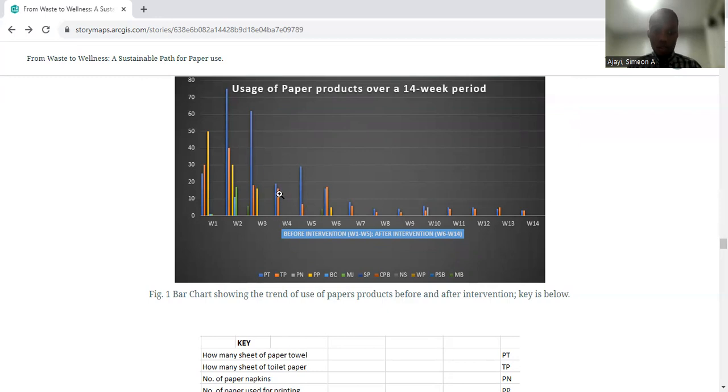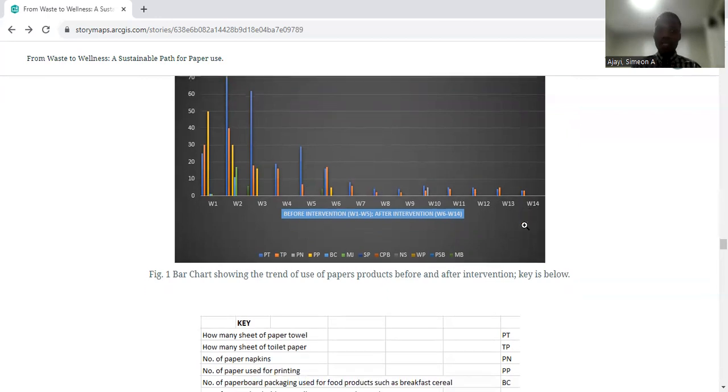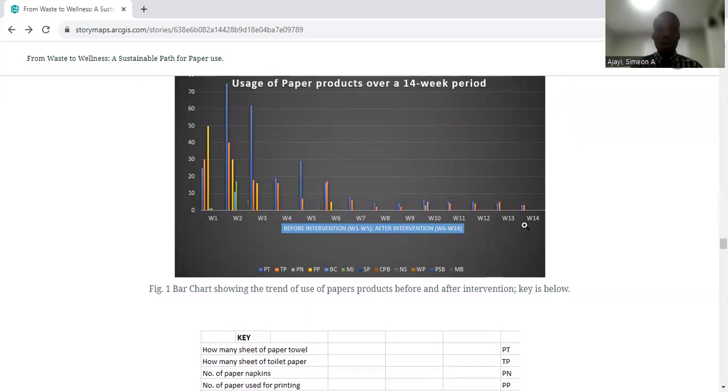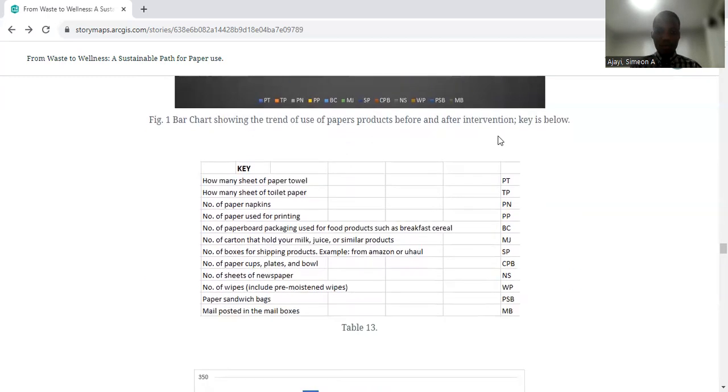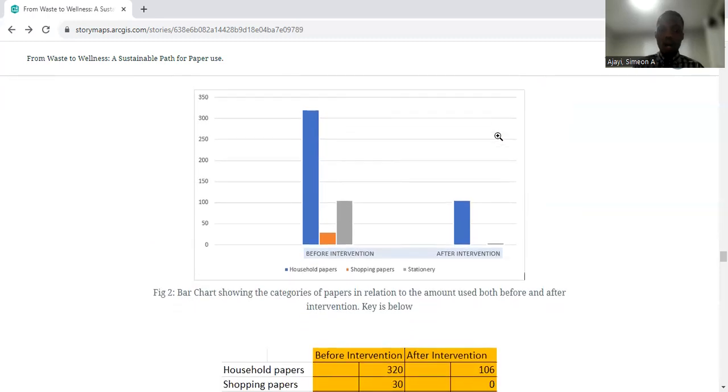Week 4 came down a little bit, and week 5 went up again. From week 6, when the intervention started, the surge became lower, up to week 14. So this bar chart shows an overview of the paper products I used and the trend over the 14 weeks.